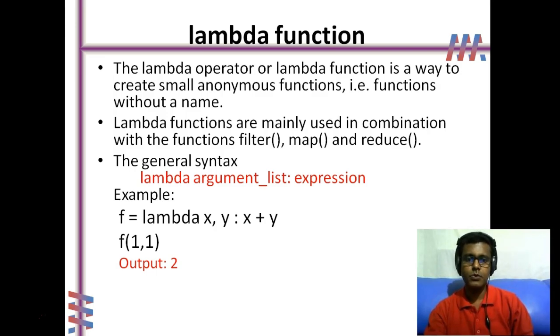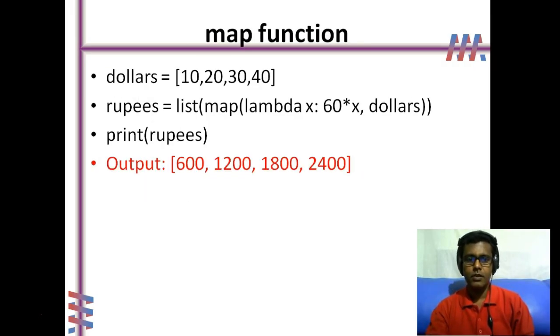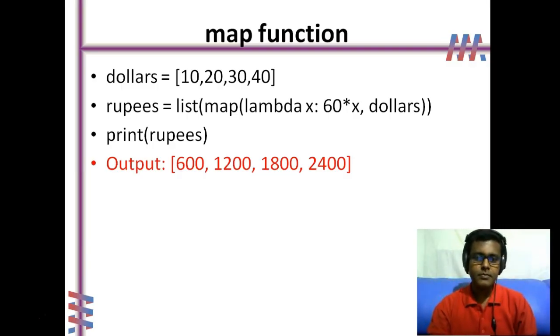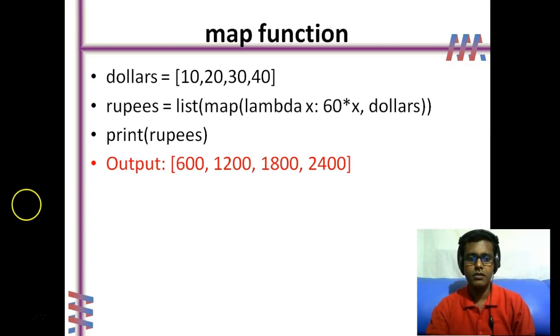Now we will see how to use these lambda functions in map, filter and reduce functions. Let's write a lambda function inside the map function to convert dollars into rupees. Here the list is called dollars, which has the values 10, 20, 30 and 40.